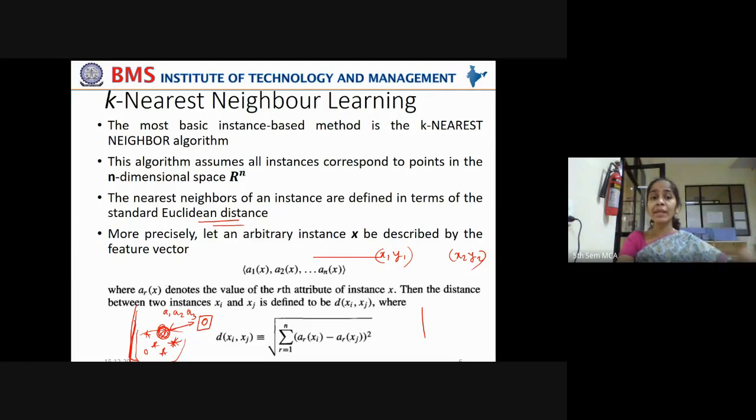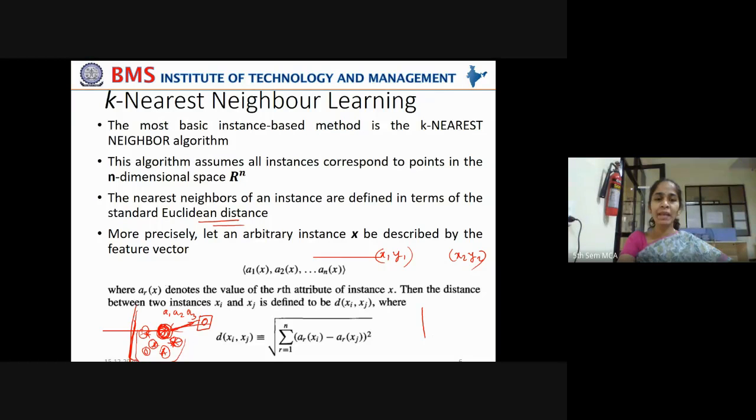And this is repeated for every other existing instance. Now, with which instance is it nearer? The new instance will be assigned to the class of the instance with which the distance is lesser.